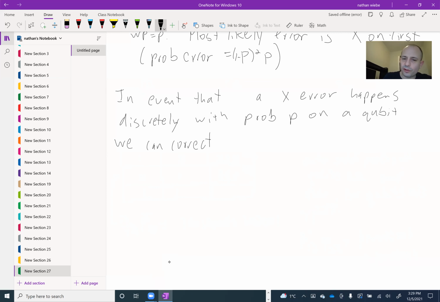let's just go through the full analysis to convince you that this is true. Let's say we begin with an arbitrary quantum state in the code space, A000 plus B111. And let's assume that we have a single error impacting it. Without loss of generality, the error happens on the first qubit.